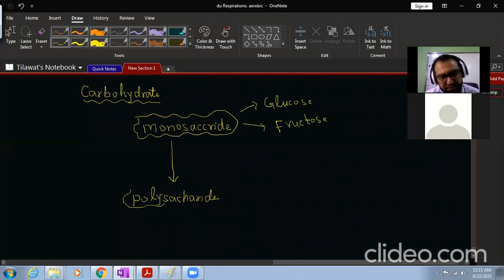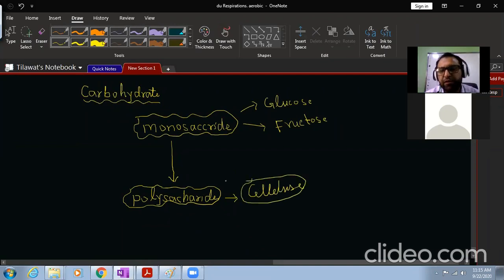Polysaccharide. They will form a large carbohydrate molecule, polysaccharide, right? For example, one example of polysaccharide is cellulose. This is an example of polysaccharide. Another example of polysaccharide, I have starch.